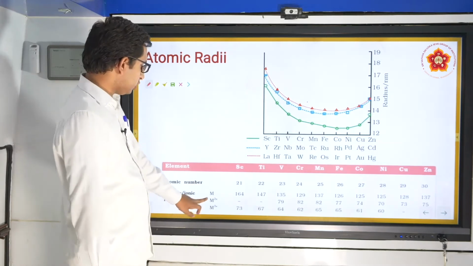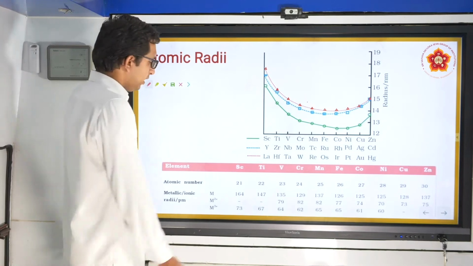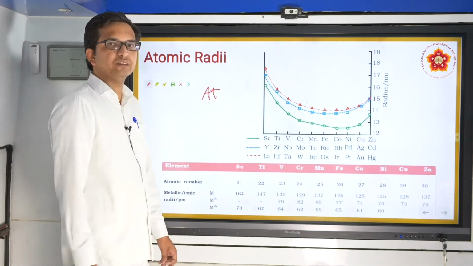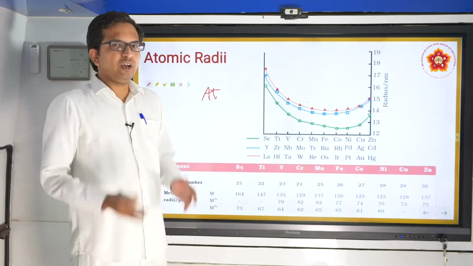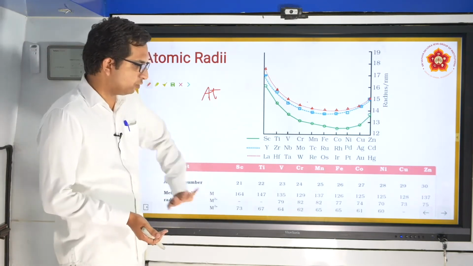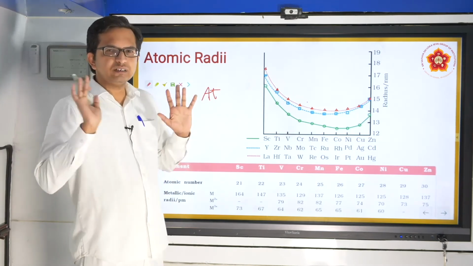Let us talk about the atomic radius of M. Now what M, M plus 2, M plus 3 indicate is that M is the atomic radius which is present, whereas plus 2 and plus 3 are the ionic radii of the compounds. Will atomic radius be more or ionic radius be more? Once you see these values, you can very well realize that atomic radii are big. The reason is very simple.